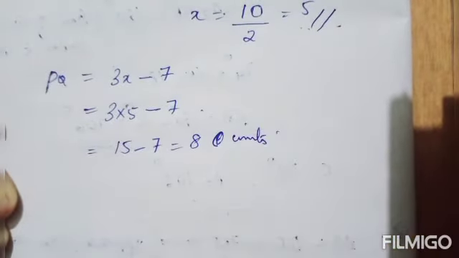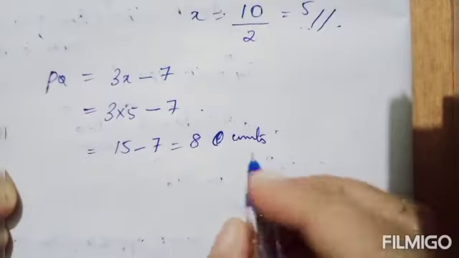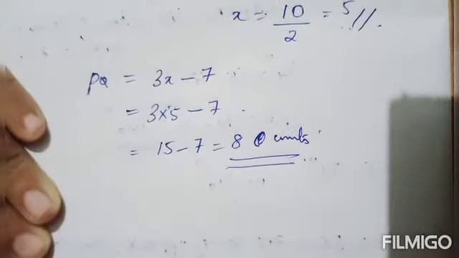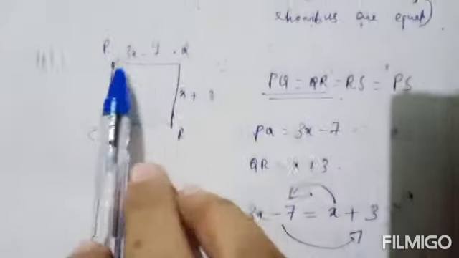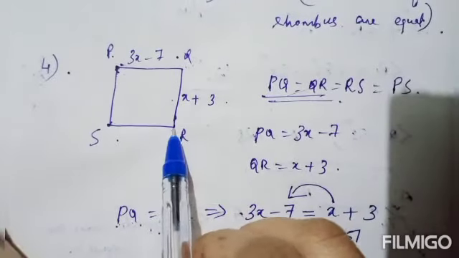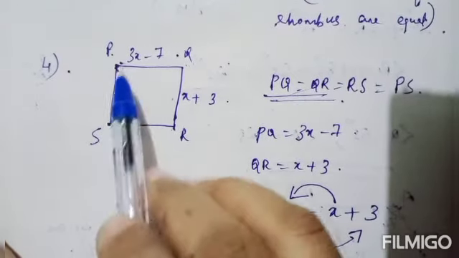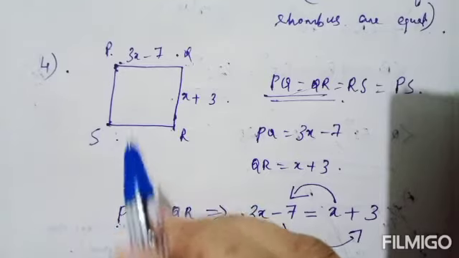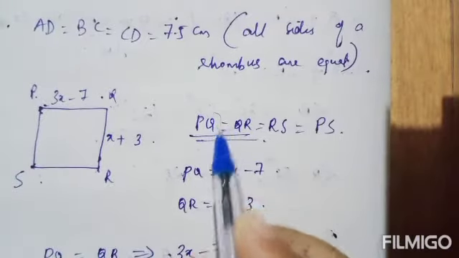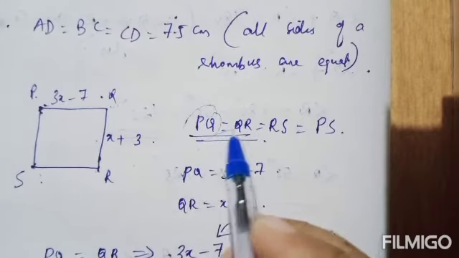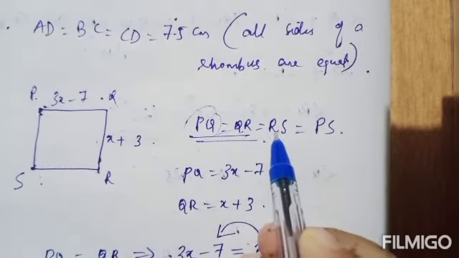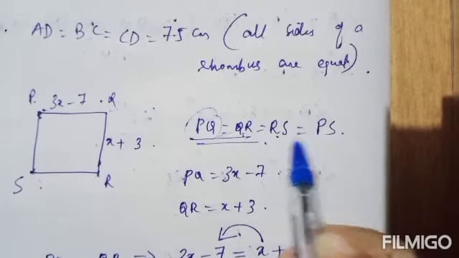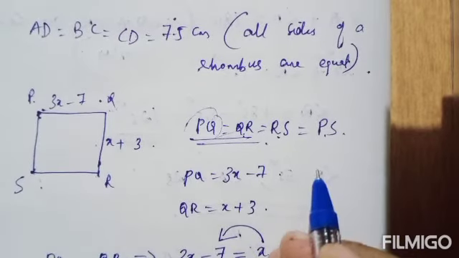Unit is not given, so you can write 8 units. If PQ equal to 8 units, QR equal to 8 units, RS equal to PS equal to 8 units. All sides of a square are equal.